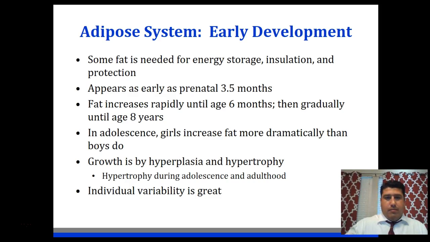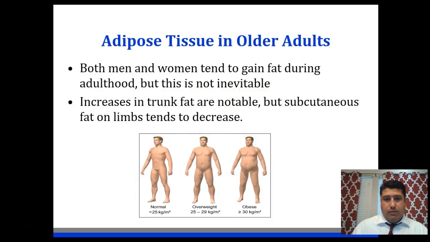Fat cells grow by hyperplasia and hypertrophy. So remember, hyperplasia is the increase in the number of cells, and hypertrophy is the increase in the size of those cells. This obviously varies from individual to individual. As we age, we tend to gain fat during adulthood, but it's not necessarily inevitable.